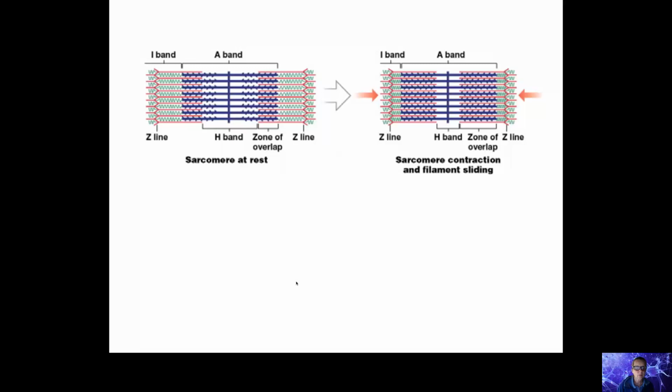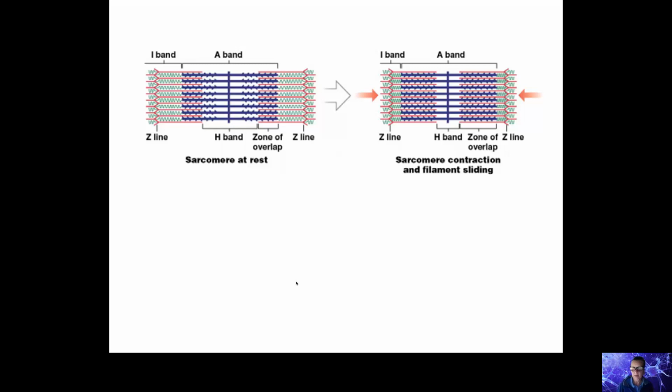Between the sarcomere at rest and sarcomere contraction and the filament sliding on the right, you have to have the release of calcium. Calcium will bind with the troponin tropomyosin complex. That complex will roll off the active site.